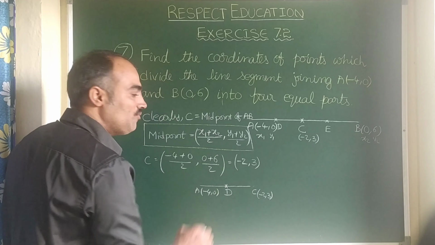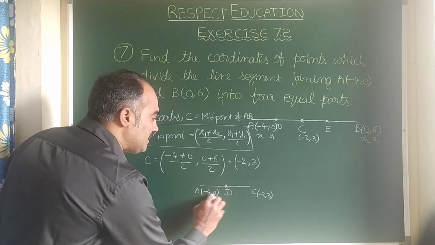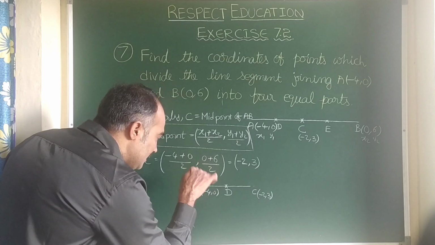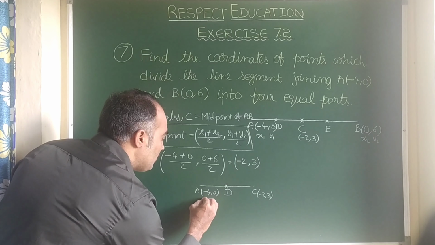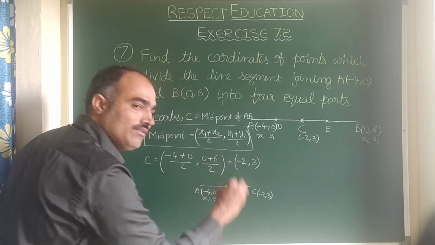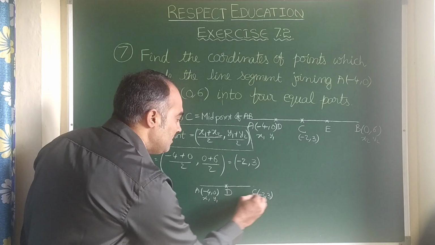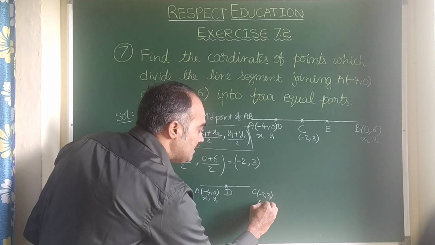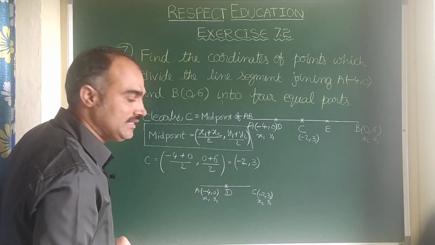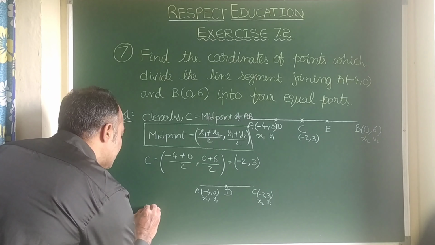As you know, the same midpoint formula is applicable for these 2 points. So (-4, 0) can be taken as x1, y1, and (-2, 3) can be taken as x2, y2. So let us find the midpoint, that is D.